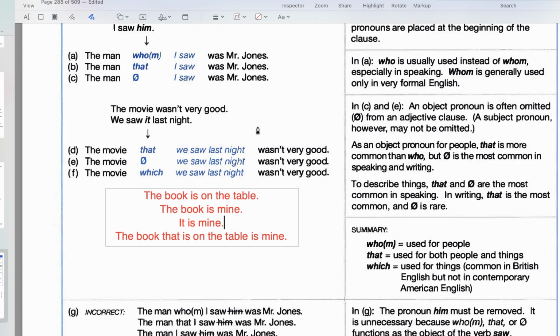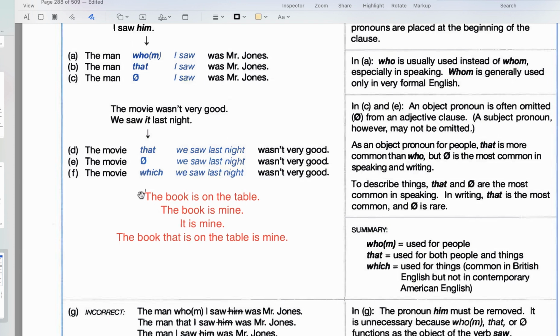So let me give you an example of the subject adjective clause like we just learned. For example, the book is on the table, and if I wanted to say the book is mine or it is mine, these two mean the same. Notice again that we are sharing the same noun when we do this, and that noun is the book. So we can share that and use a relative pronoun.